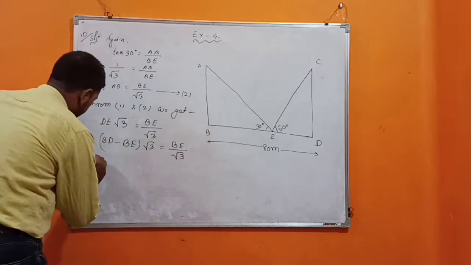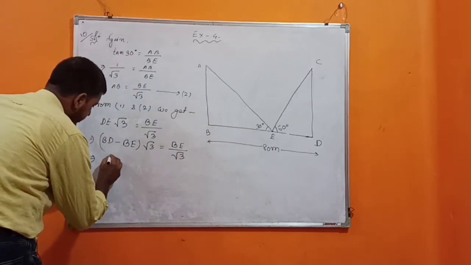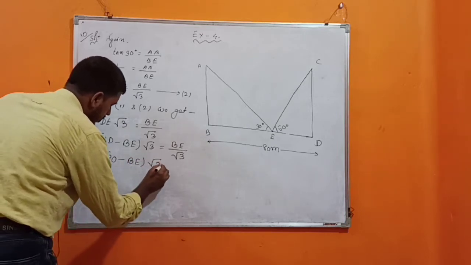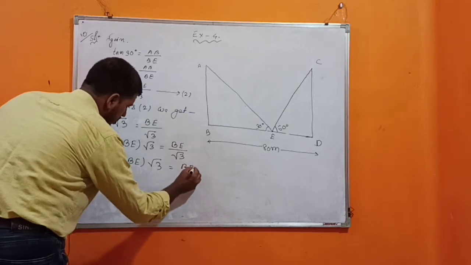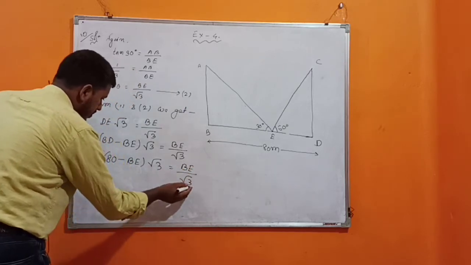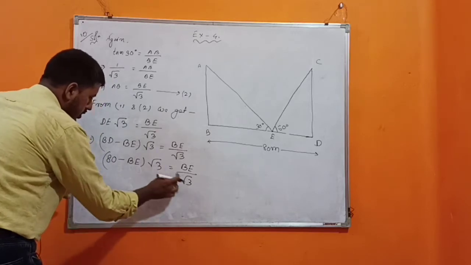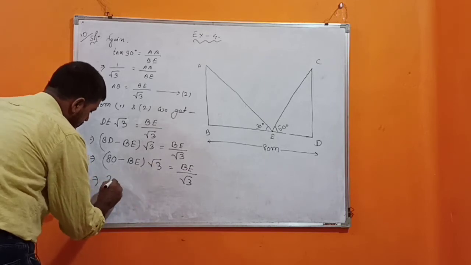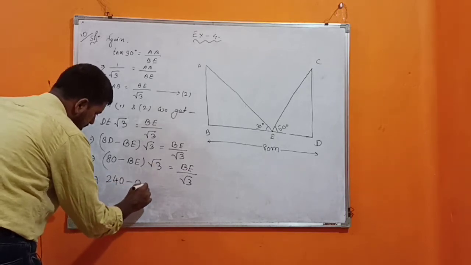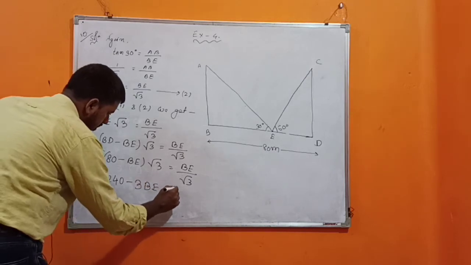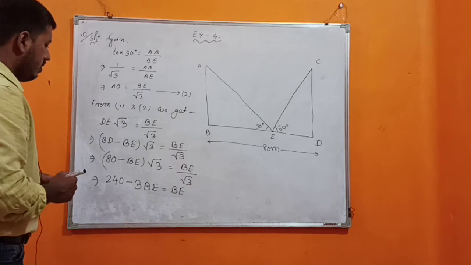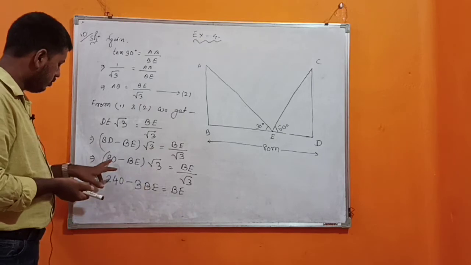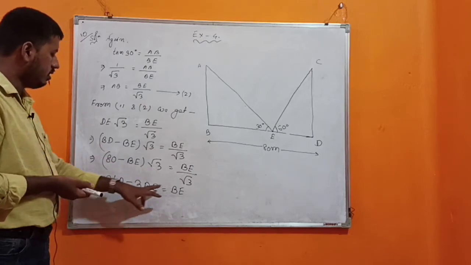Here BD is 80 minus BE. The value of BD is given in the question as 80, so root 3 times (80 minus BE) equals BE by root 3. Simplifying, multiplying by root 3, root 3 into root 3 will be 3, and 3 into 80 is 240, minus 3 BE, equals BE.